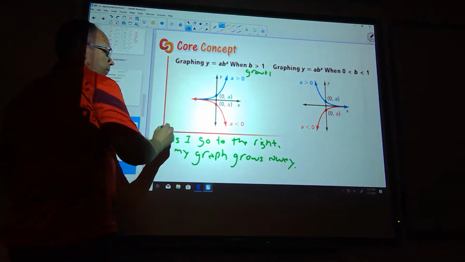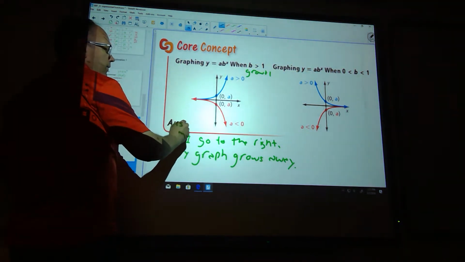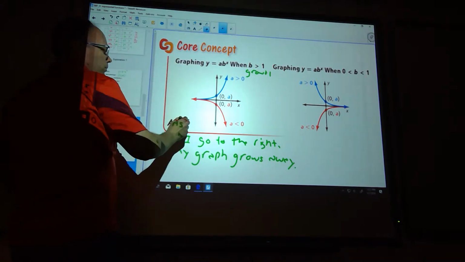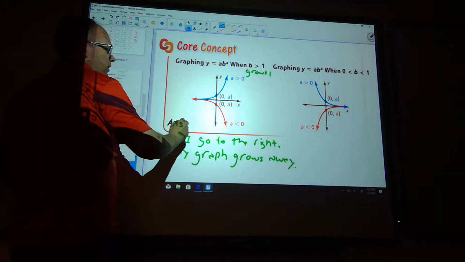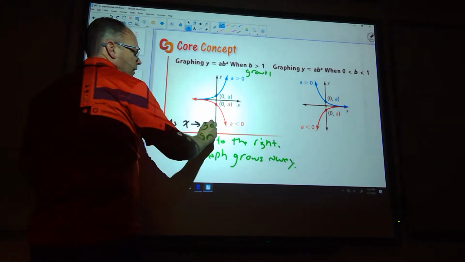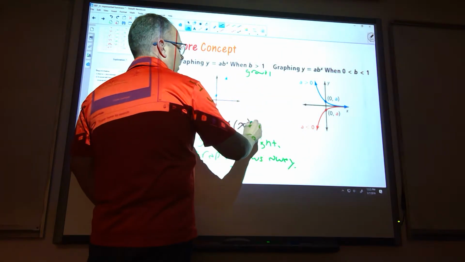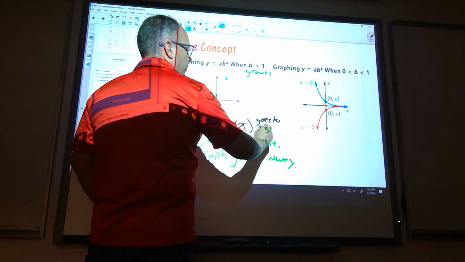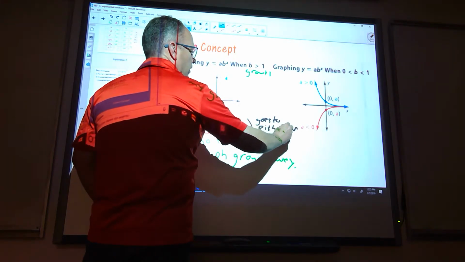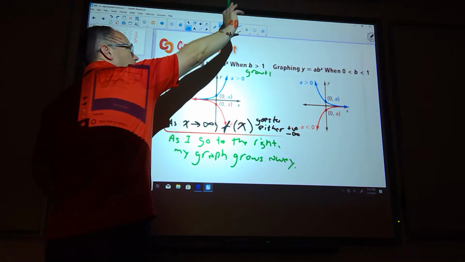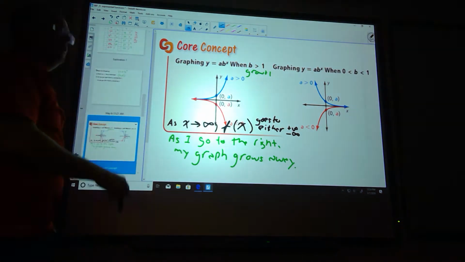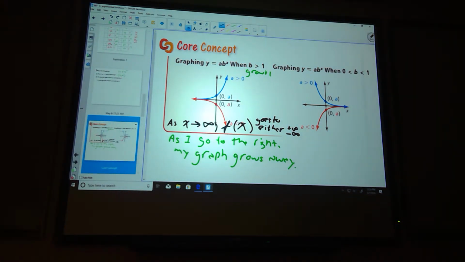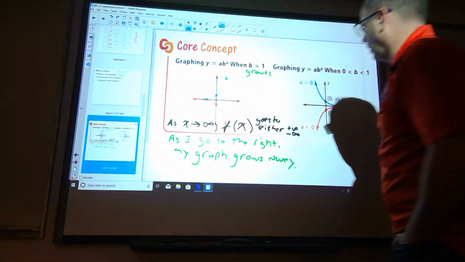So the math term is, as x approaches infinity, my function at x goes to either positive infinity or negative infinity. So if it goes up, it's going to positive infinity. It goes down, it goes to negative infinity. But both of those cases are growth, because they are growing away from our origin, or growing away from something they call an asymptote, but we're not there yet.